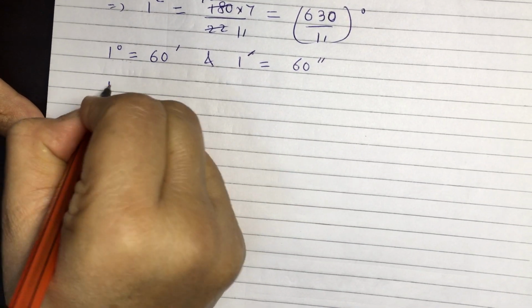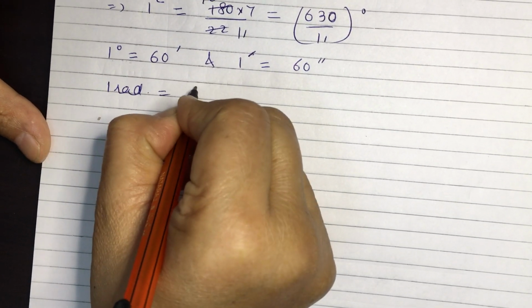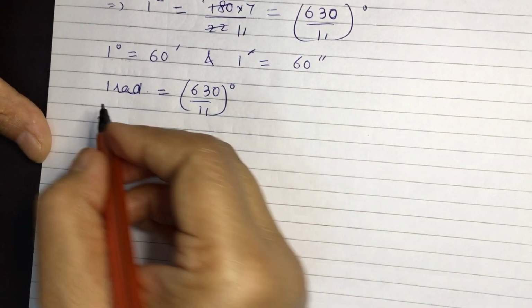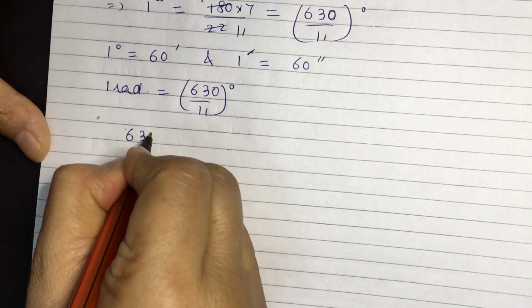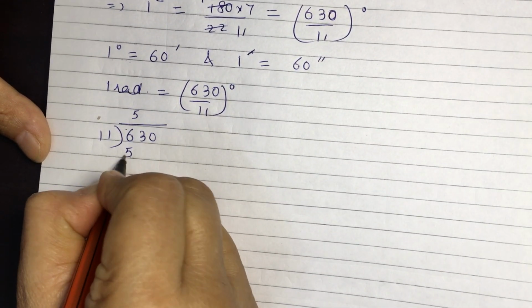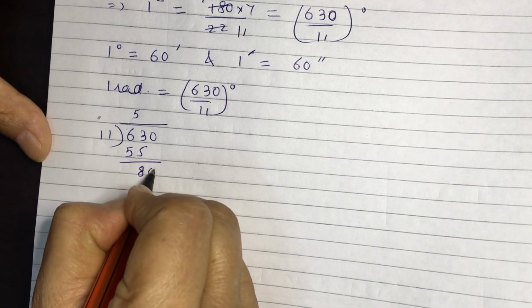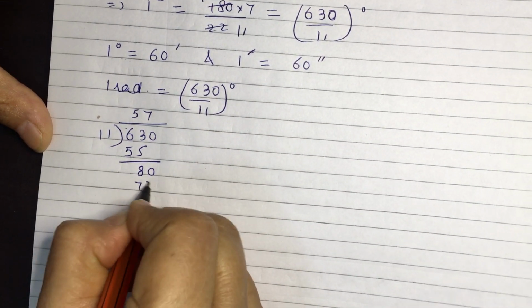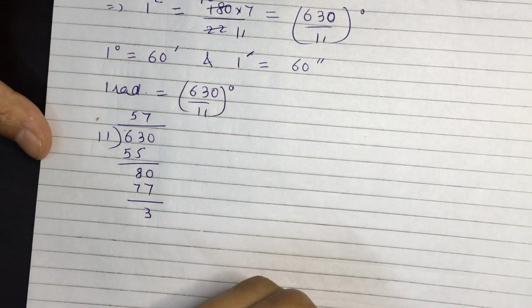So 1 radian is equal to 630 over 11 degrees. Now let's solve it. 630 when divided by 11 gives us 5 times 55, we are left with 8, it becomes 80. It goes 7 times 77, we are left with 3.